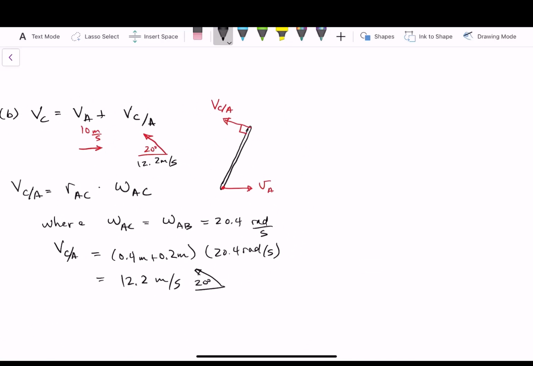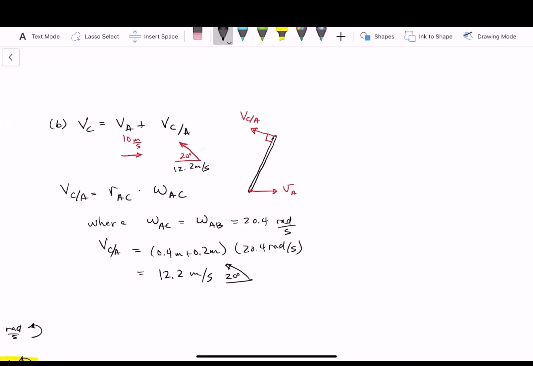So I'm just going to redraw that over here, where I know that we have 10 meters per second. That also tells us that 12.2 is probably going to bring us out, since this is only 20 degrees, a little bit past the start there. So we're going to draw this. This is 12.2 meters per second.